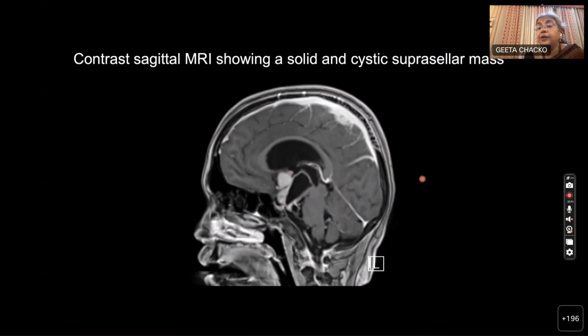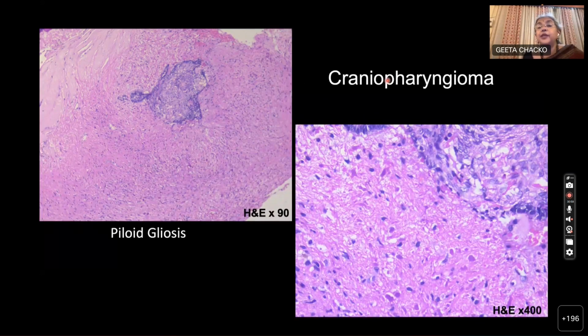When that information is given to you, that's why I say you need to know what they saw intraoperatively. You have to think of a craniopharyngioma. And what happens in a craniopharyngioma? This is the tumor, the craniopharyngioma. The surrounding nervous tissue undergoes reactive gliosis, and that can produce these Rosenthal fibers, and that is called piloid gliosis.